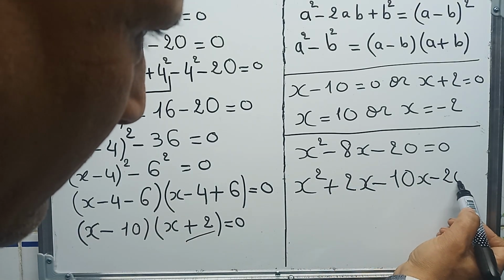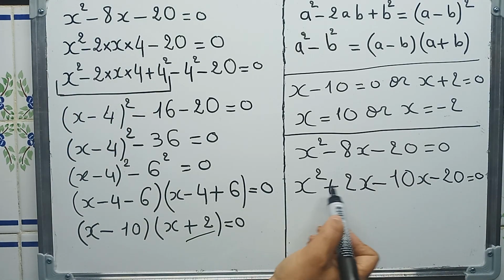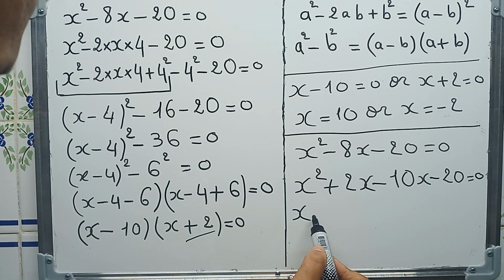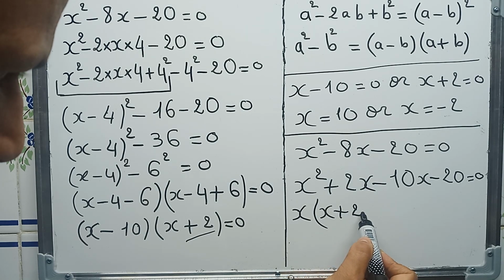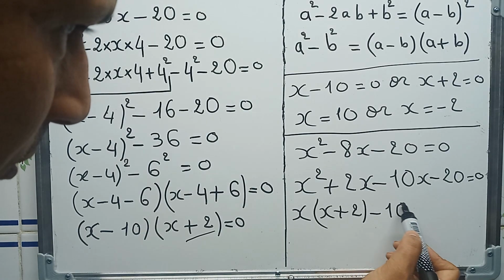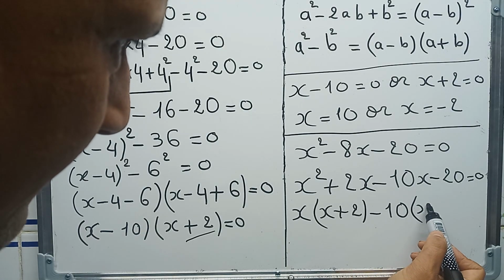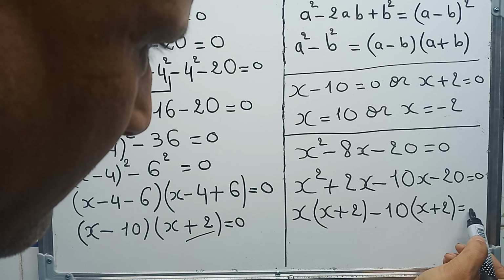Minus 20 equals 0. And here we have x as common factor: x times x plus 2, and minus 10, the other common factor, minus 10 times x plus 2 equals 0.